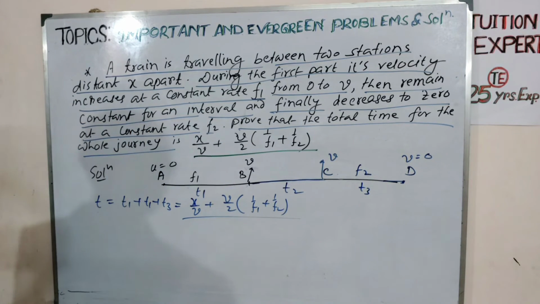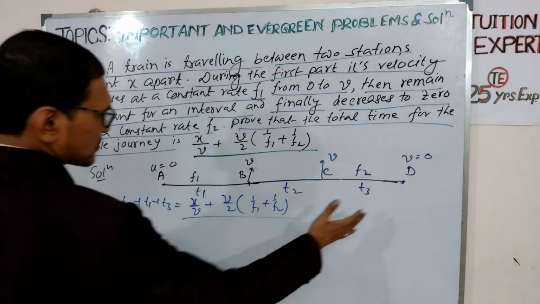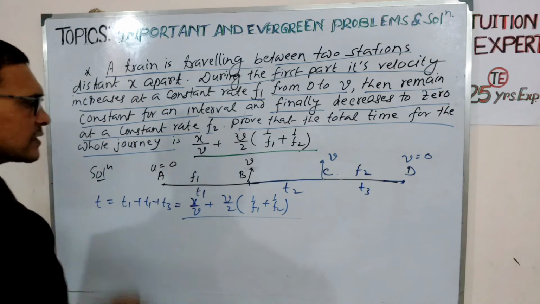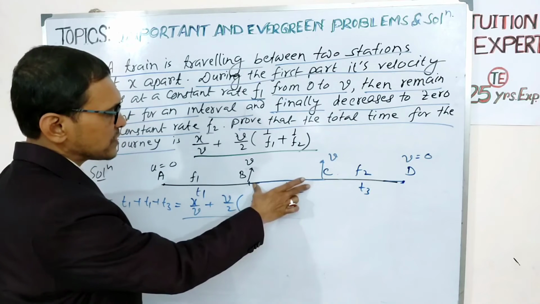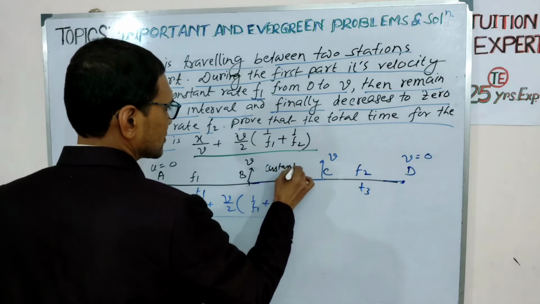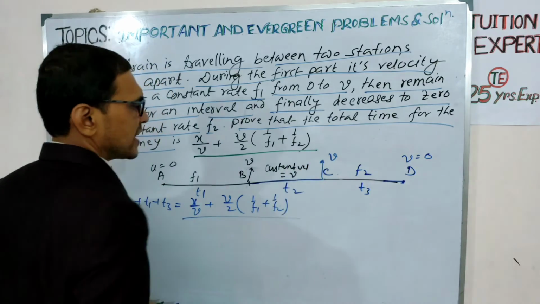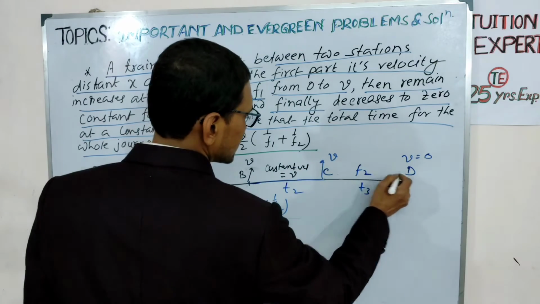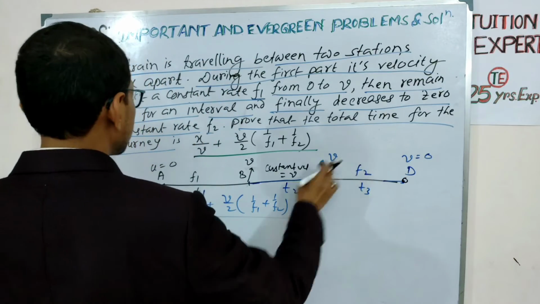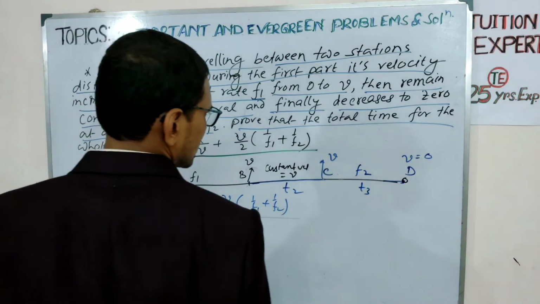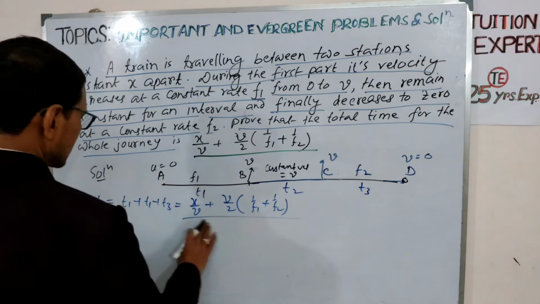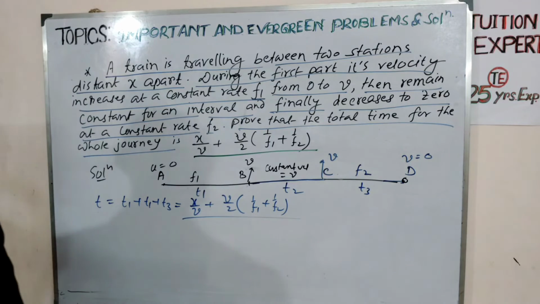In the total journey of the train, the first part moves with acceleration f1, the second part moves with constant velocity v, and the third part, before reaching the next station, moves with constant retardation f2, and finally velocity is 0.